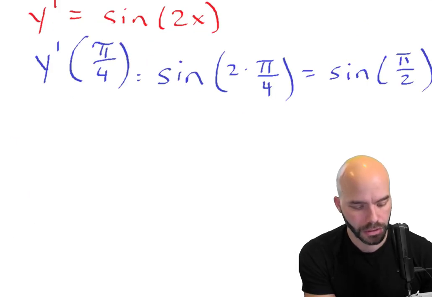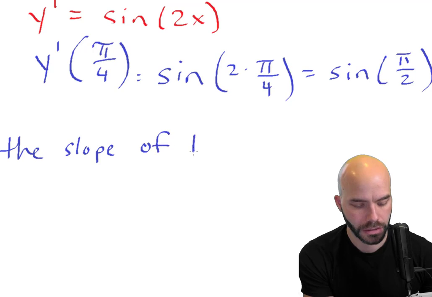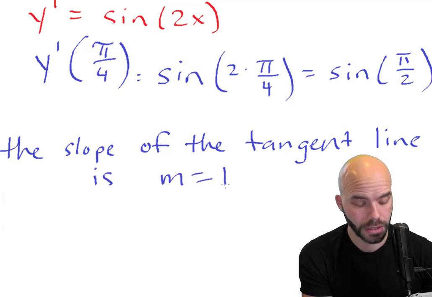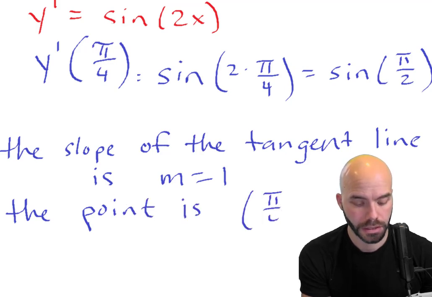Slope. The slope of the tangent line is m equals 1. The point is pi over 4, 1/2.